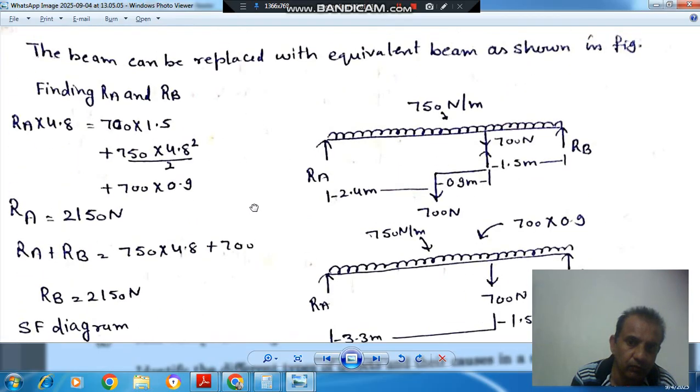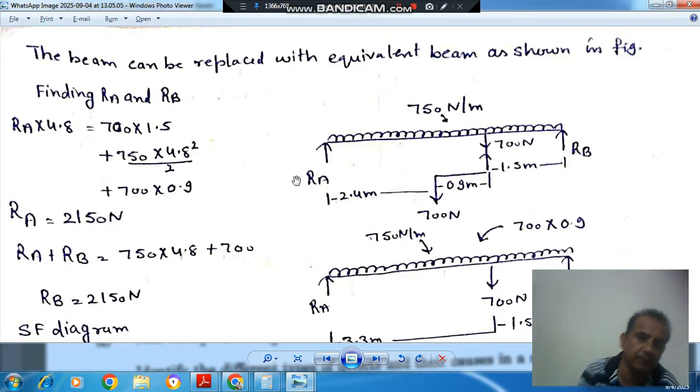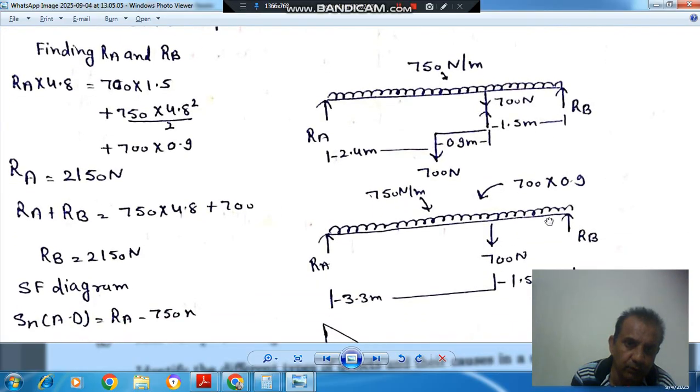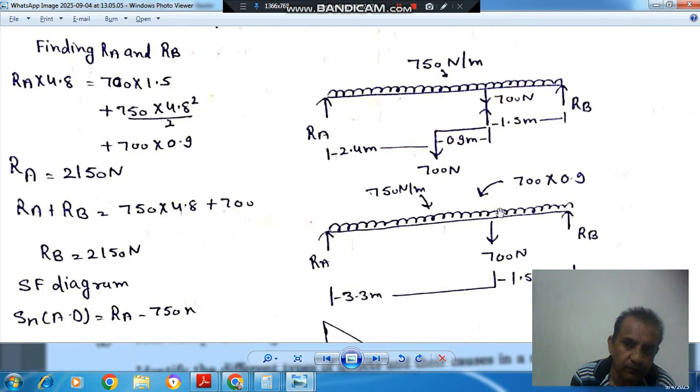Okay, so now we can find out the reactions at A and B. Taking moment about B, RA into 4.8 is equal to 700 into 1.5, which is counterclockwise.